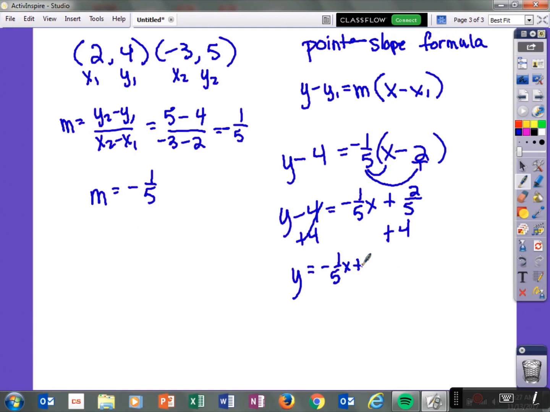Arrow over so that it's out of the fraction, then plus 4. 22 over 5. But we want a decimal, so press 22 divided by 5. After you got a decimal from that, you should have gotten 4.4.